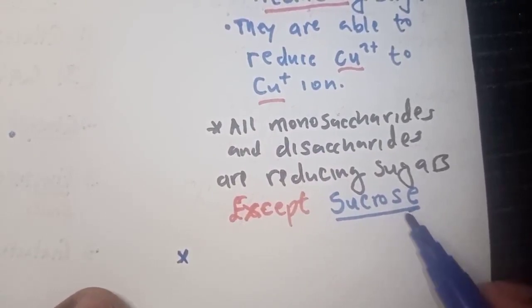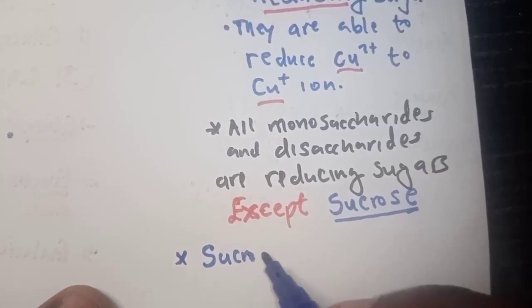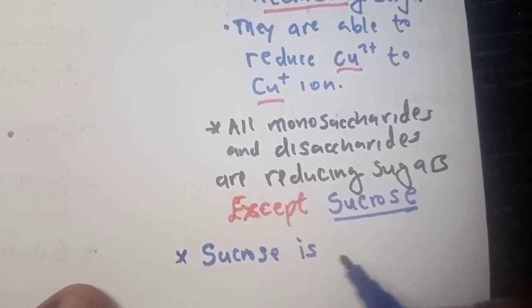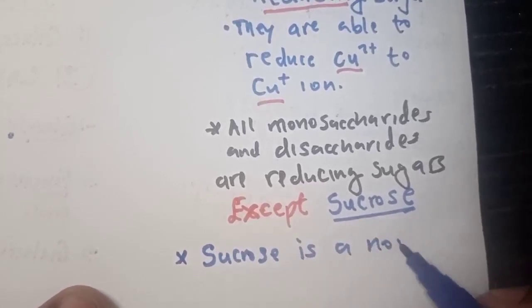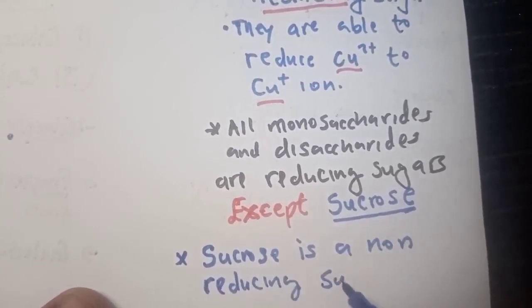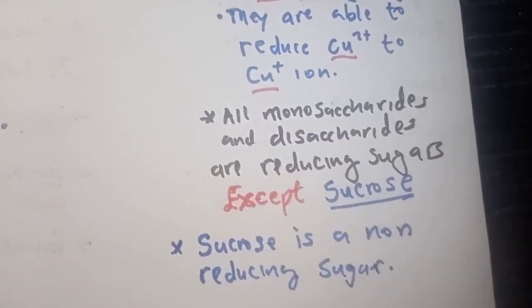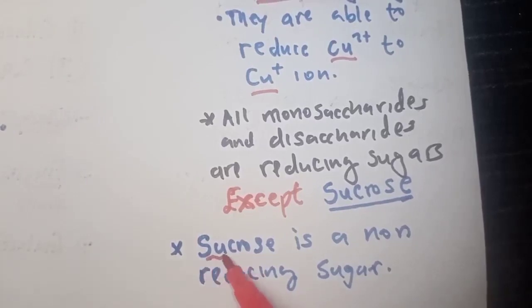If sucrose is not a reducing sugar, it means that sucrose is a non-reducing sugar. So when I ask you, give me examples of reducing sugars, you should be able to give me an example of a reducing sugar.